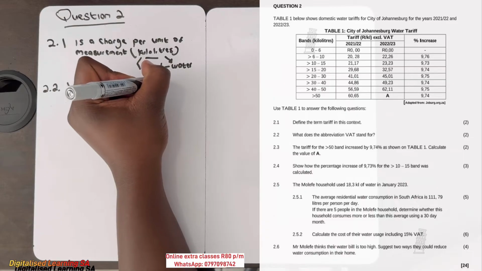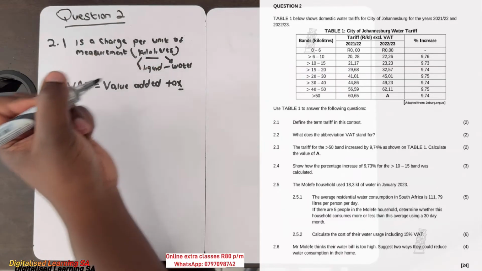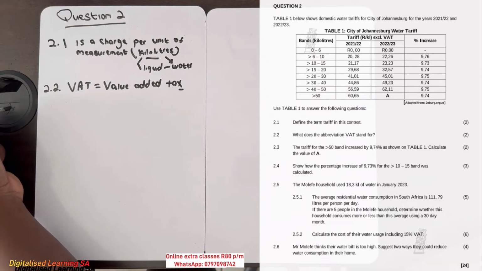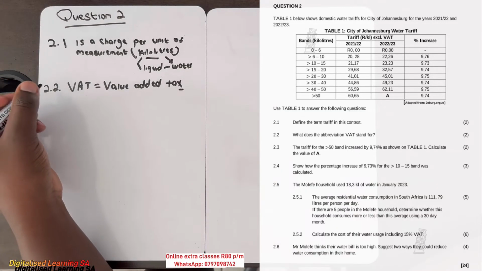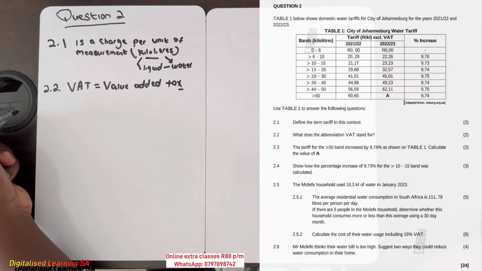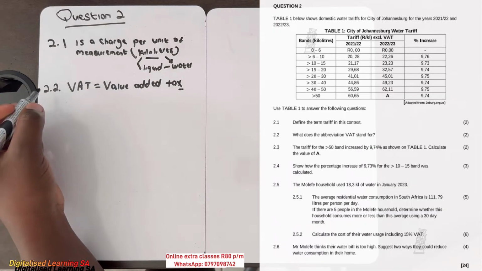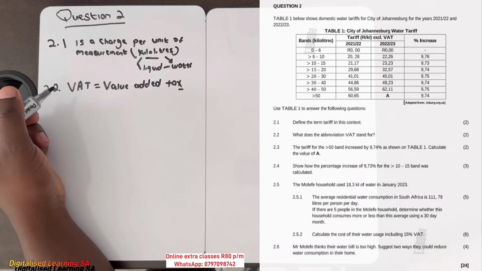And it is charged on goods and services. Most items that we buy take VAT into consideration, meaning that it is charged. So the final price of most items also includes VAT.